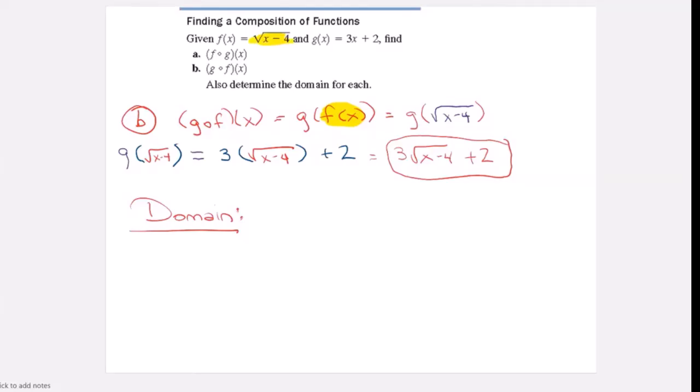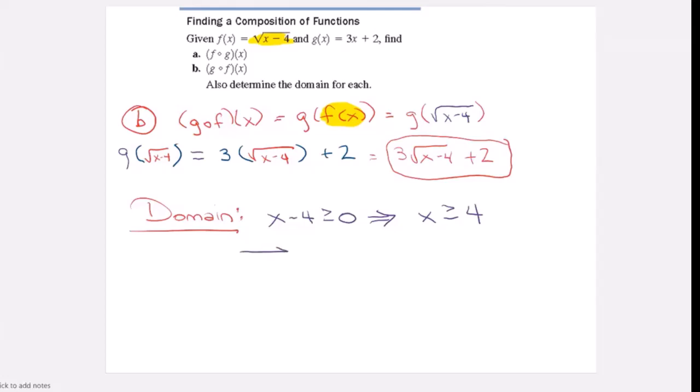So first thing it's got to do is x minus 4 has to be greater than or equal to 0, or else it's not going to make it through my first function, so it can't go into my second function. Add 4 to both sides. x has got to be greater than or equal to 4.